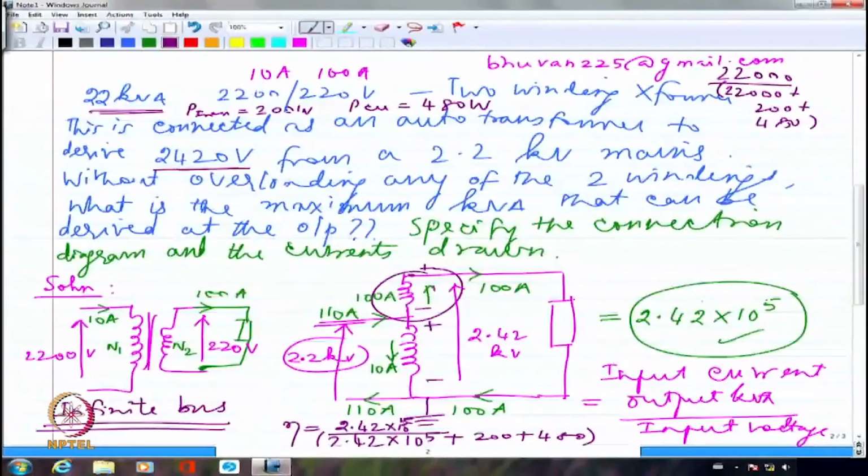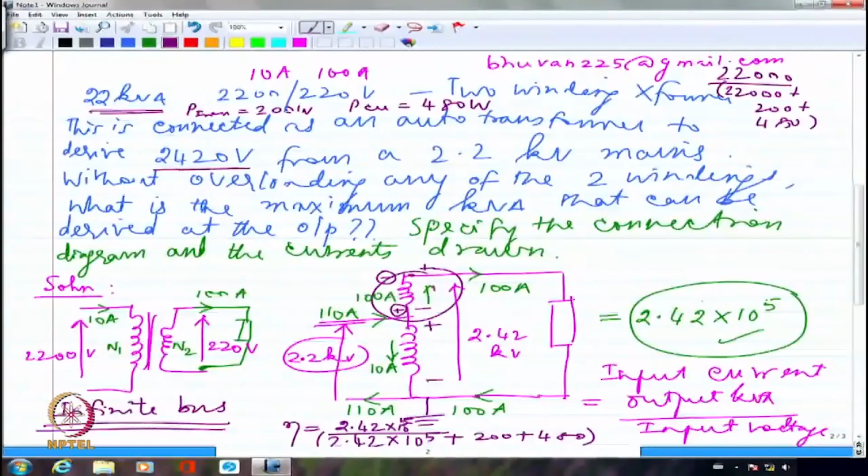If I wanted a value less than 2200, let us say the second winding is of 200 volts, for example. In which case, 2200 minus 200 would have given me 2000. So I could have connected it in such a way that this is actually plus and this is minus. Because I would have the polarity of the transformer clearly marked, or I have to mark it.